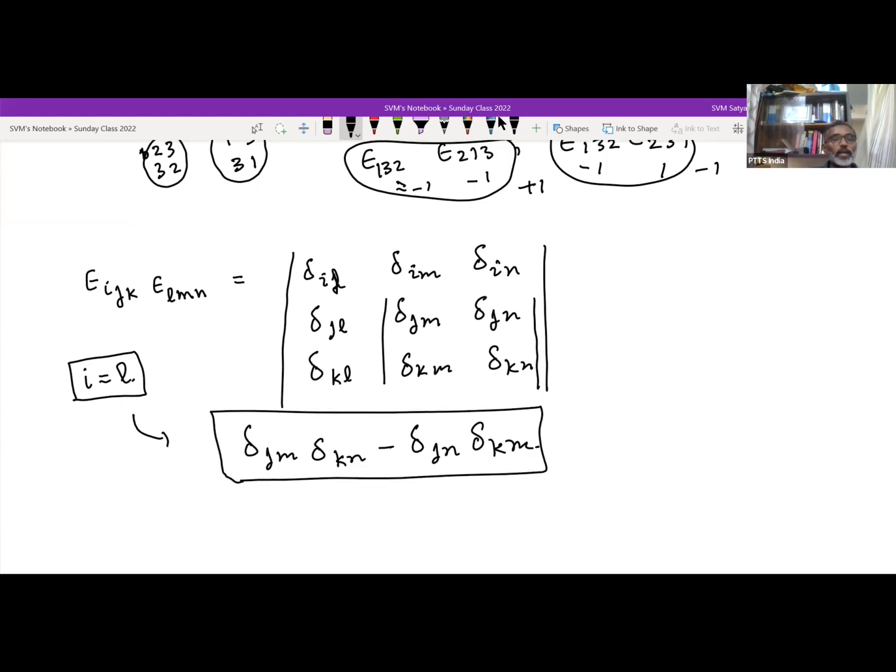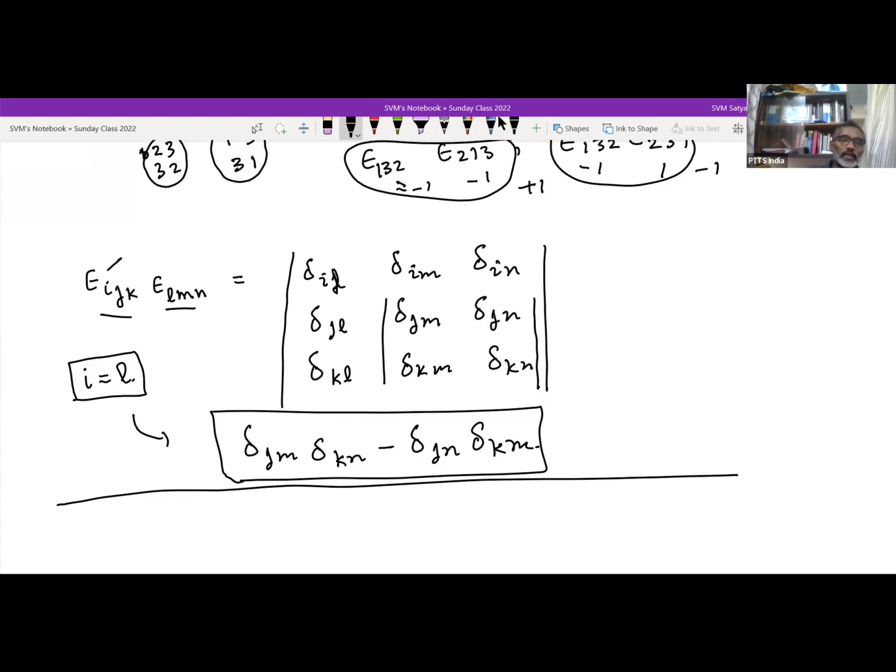But in general, if all three components are different, then we will get a determinant form like this. This is something we can use in calculations, and it is not very difficult to remember.